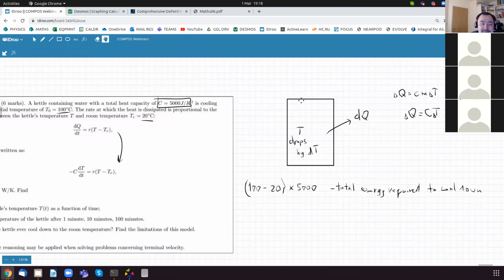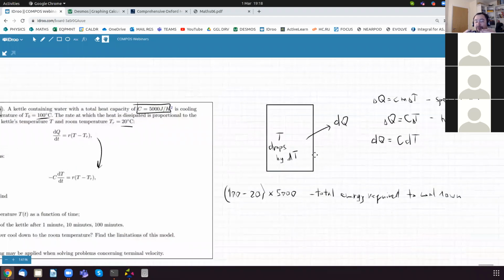mc delta T. So that means that for small changes, dq is equal to C dT. But there's a catch here. dq is the amount of heat released into the room. So the amount of heat that is lost by the kettle is going to be negative because the kettle is losing energy.